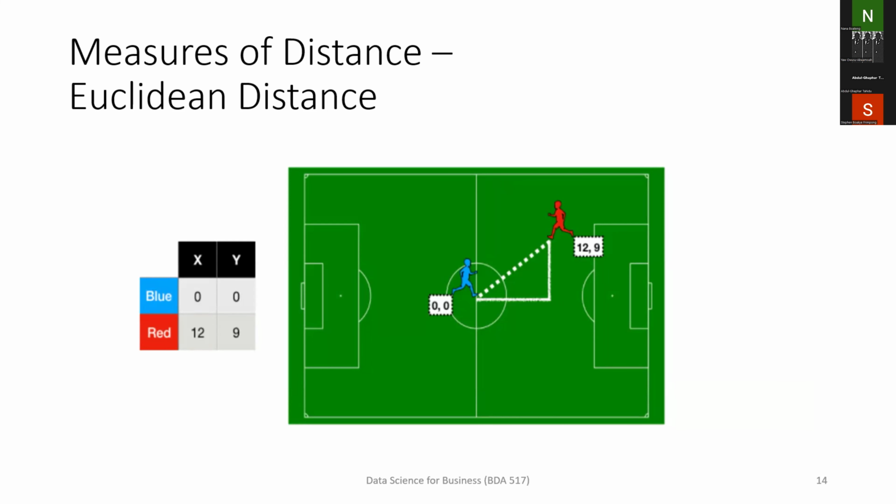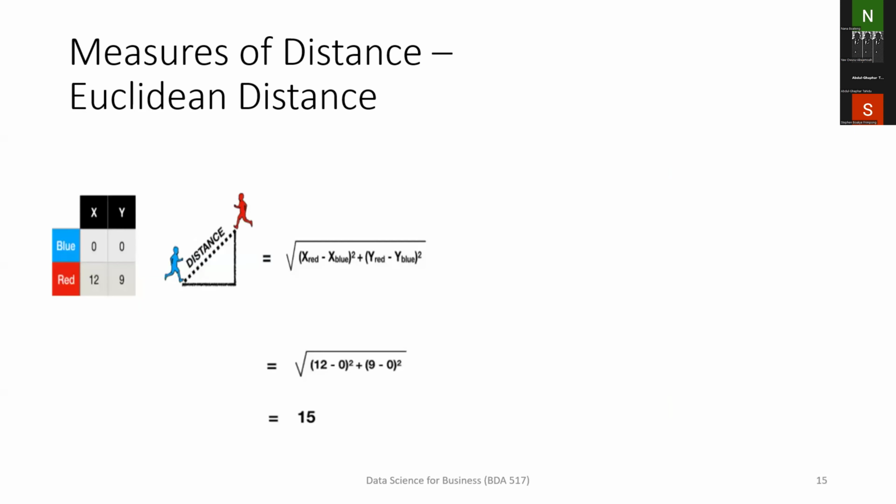This also shows the position of the red player is 12, 9. So we have x and then y. So per our Euclidean distance calculation, we are going to have 12 minus 0 squared, isn't it? 12 minus 0 squared, and then 9 minus 0 squared.